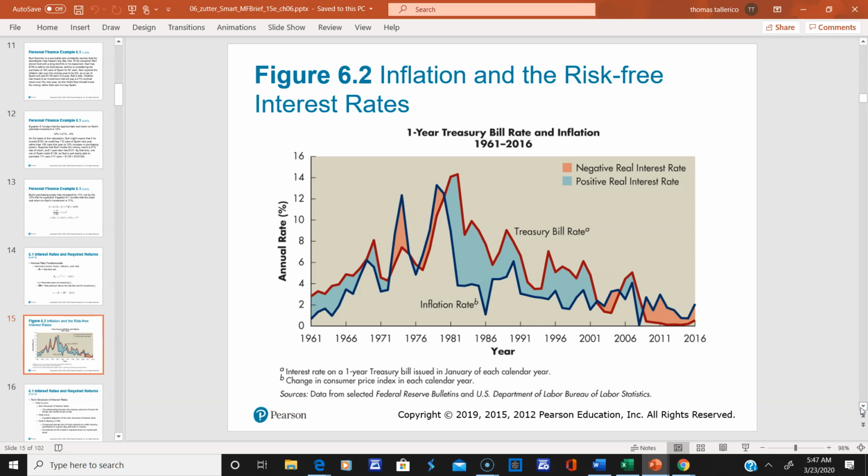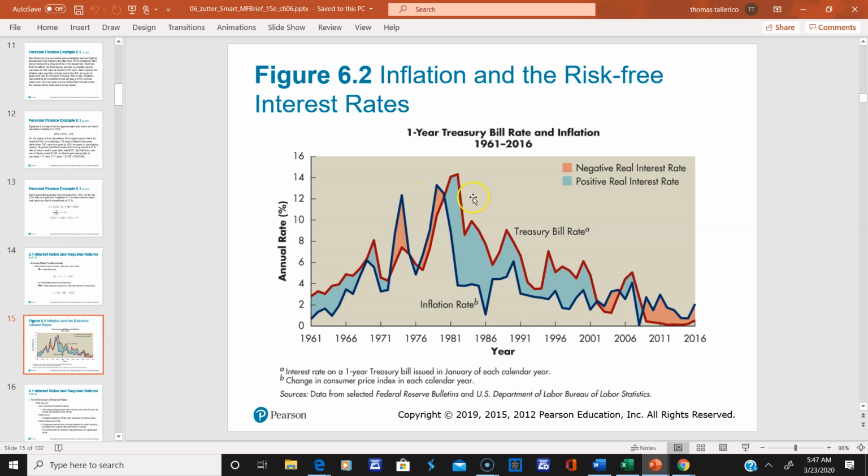This shows the inflation rate and the treasury bill rate as they somewhat move in unison. You'll notice here in 1981, which was when I was trying to buy a house, the inflation rate was huge. It was around 13 or 14%, but the treasury bill rate was right up there. So you could have got a good return on your money, but you got barely more than the inflation.